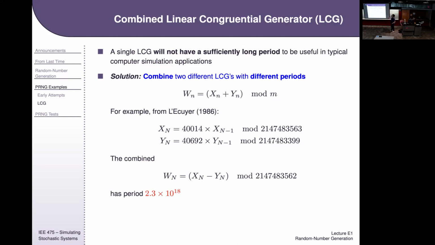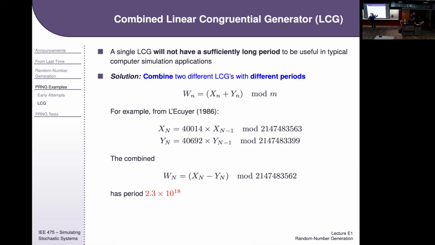It's slightly more complicated, but basically you've got an LCG in your X variable, an LCG in your Y variable. Those two are doing their own thing. You add them together and take another modulus, and that combined version will generate another random number that you can use, and it will have a cycle that can be much longer than these two cycles.